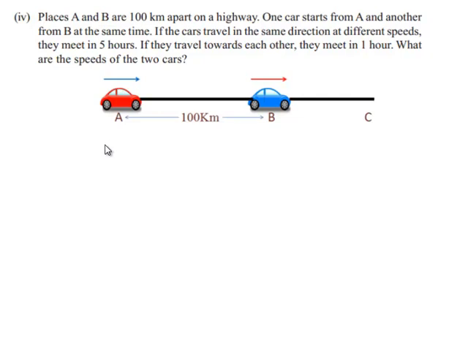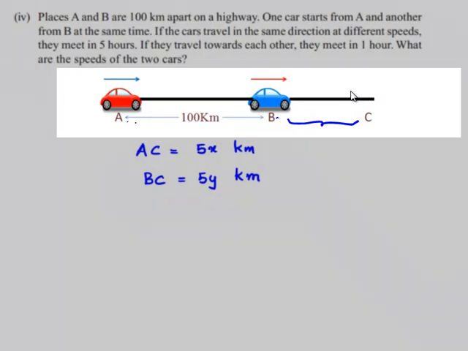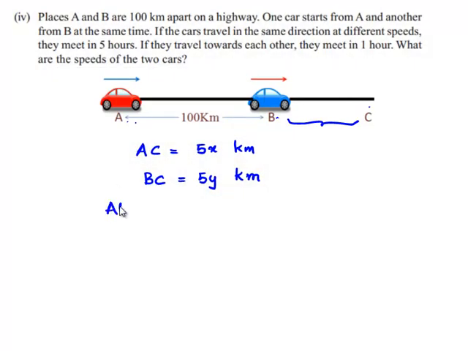Now we can say that the distance traveled by car A is nothing but AC. We got AC as 5x kilometers, and the distance traveled by car B is nothing but BC. Therefore we can write BC is equal to 5y kilometers. By looking at the figure, we can write AB plus BC is equal to AC. Clearly the distance of AB is 100 kilometers.